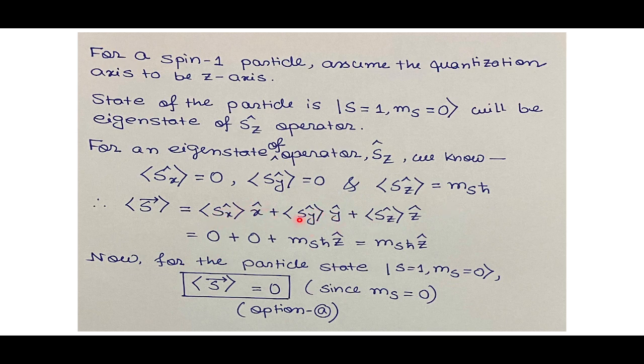And how to find that, do you know? Did you attend the last few classes? How to get the average of Sx as 0 and the average of Sy as 0? Yes, the ladder operators. After operating them, all the states will be orthogonal. So basically, you can represent Sx and Sy in terms of S plus and S minus.